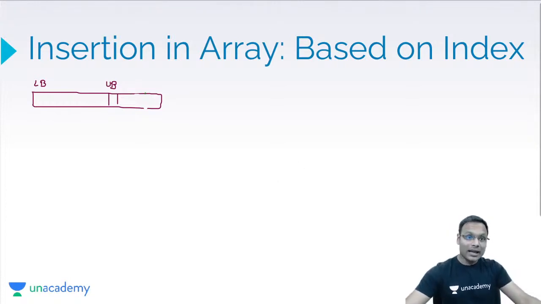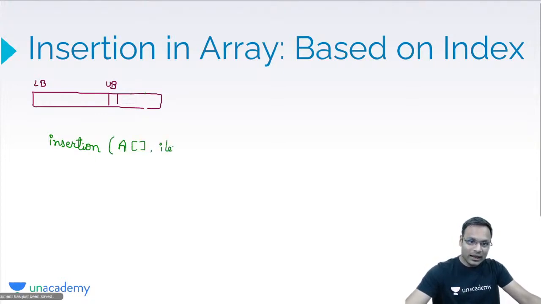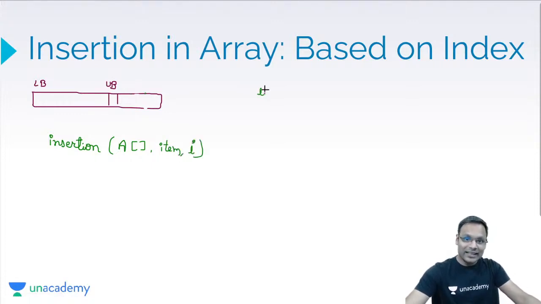So what I am saying is very simple. In this case, based on index, in the insertion algorithm, what I will be getting is, of course, the array, the item to insert, and I, the index at which the new element is to be inserted.